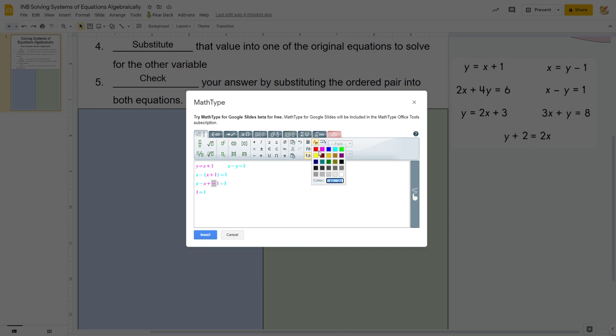So this doesn't mean we have many solutions. If they were the same number, we would have many solutions. But since they are different numbers, one's a negative 1, one's a positive 1, that means there are no solutions.